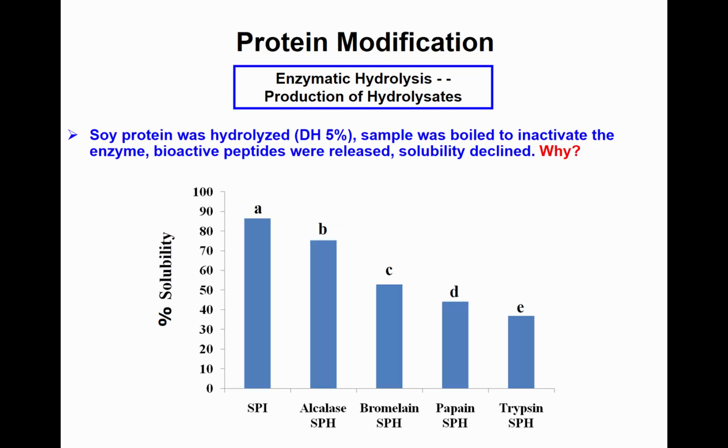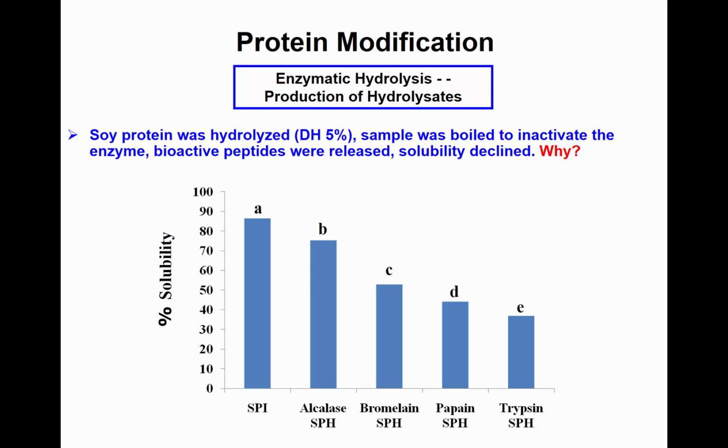Okay, the story is not always as sweet with hydrolysis. So this is another situation where we were aiming enhanced solubility, and this is before our discovery of another enzyme that we're hoping will work better.